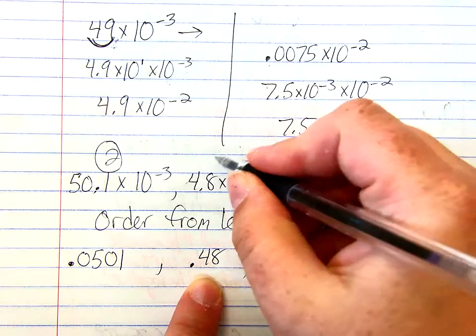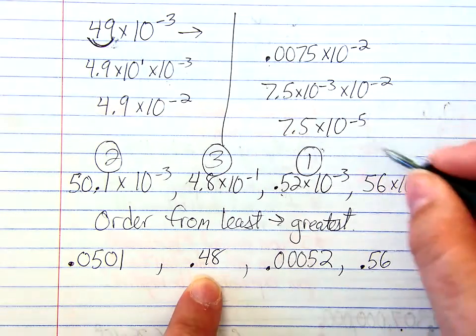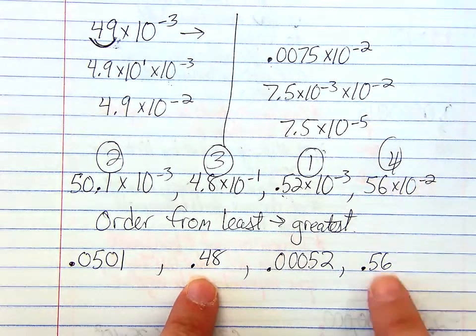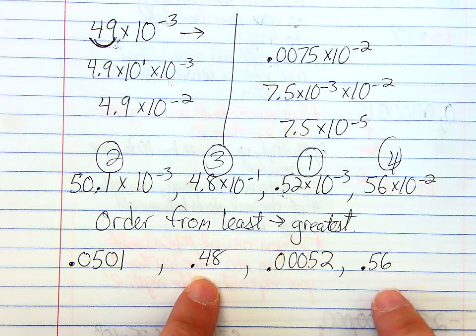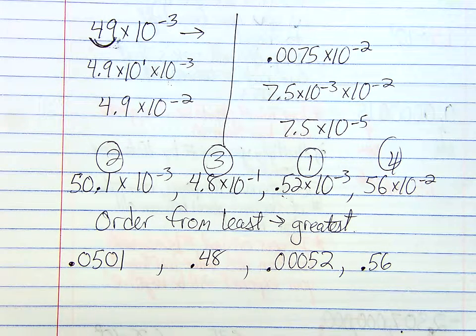Yeah. I always think of these as money. 48 cents and 56 cents. 48 cents is less than 56 cents. It's easier for me to think about it that way. Any questions about this scientific notation stuff? Are you sure? Okay.